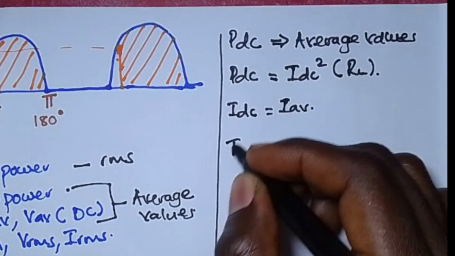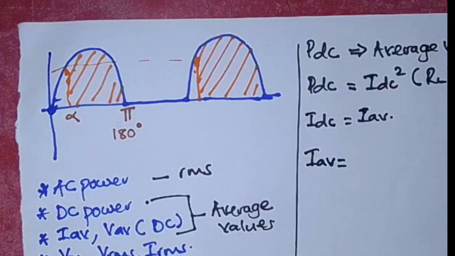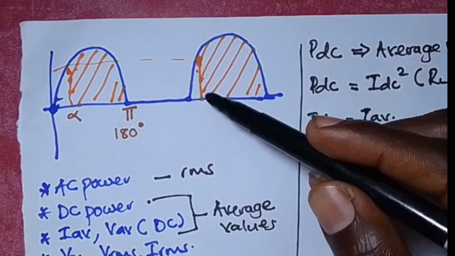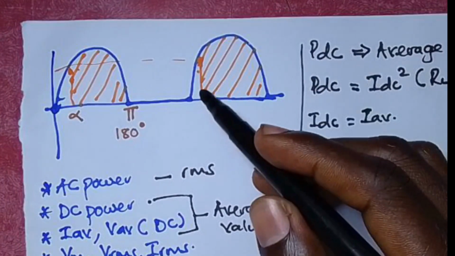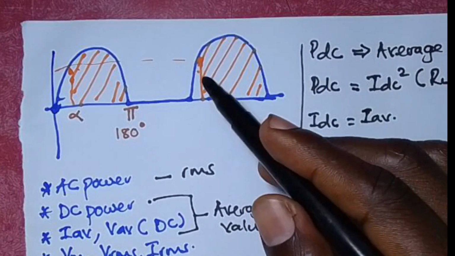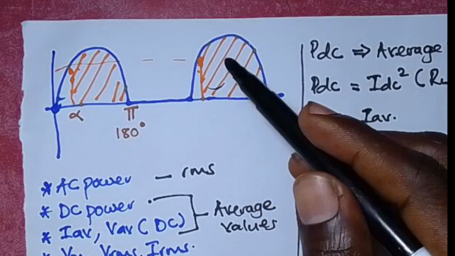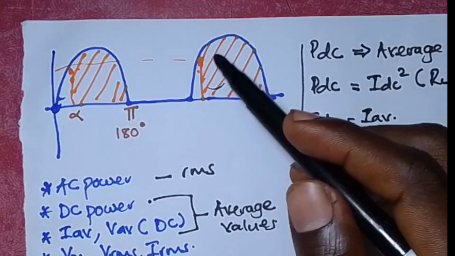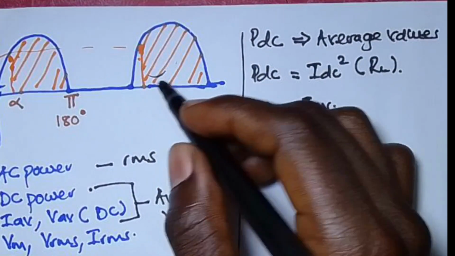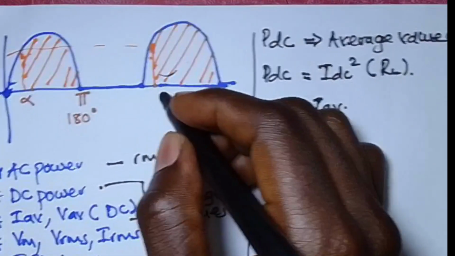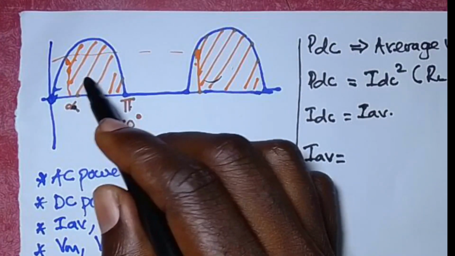Now to calculate the average value of current, remember when we used to study in senior 6 or senior 4, I don't know which class it was, the average value was given by the integral of this particular section. It is given as the area of this particular section, because our energy is contained only between here and here.